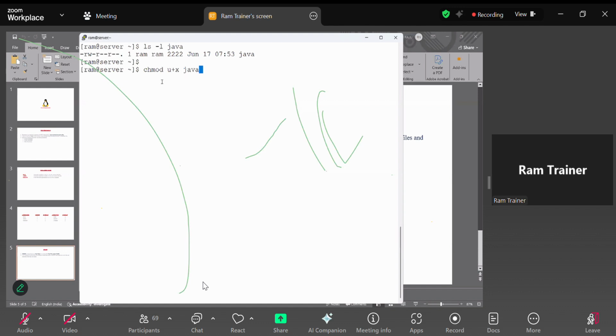Execute, short form x, for the Java file. Already the user permissions are read and write, and now we are adding one more, x. The command succeeded, and now the user permissions are read, write, execute. That's why when the file is executable, it shows in green color. When a file is green, it is an executable file, like a binary file. Remember.